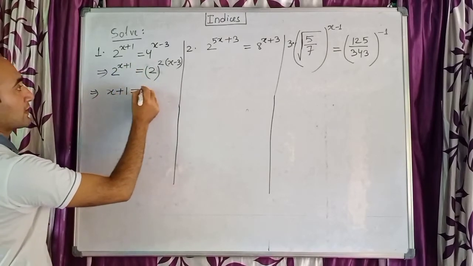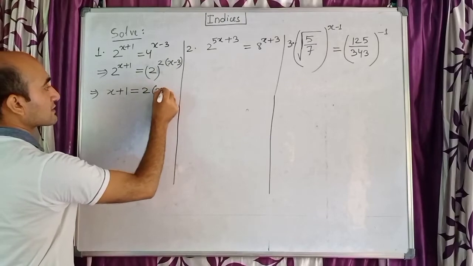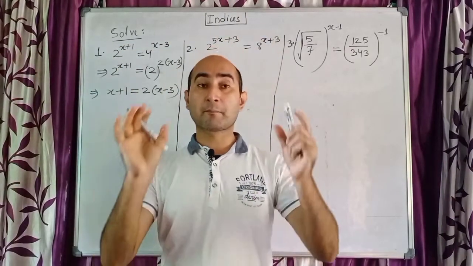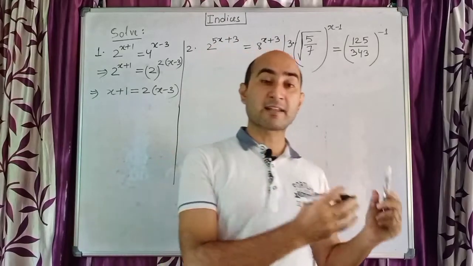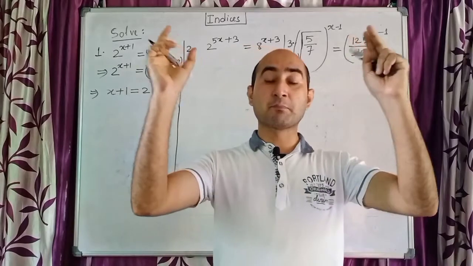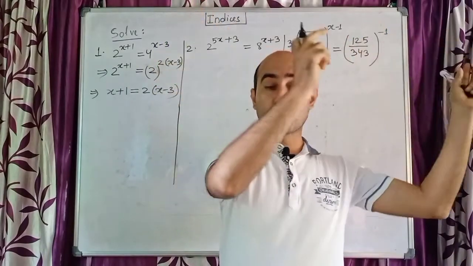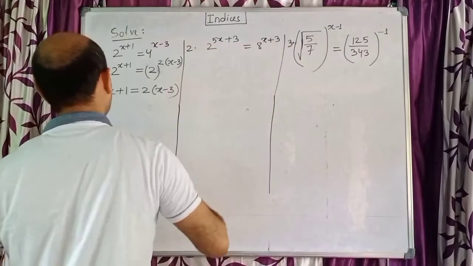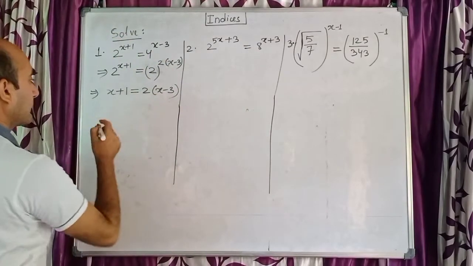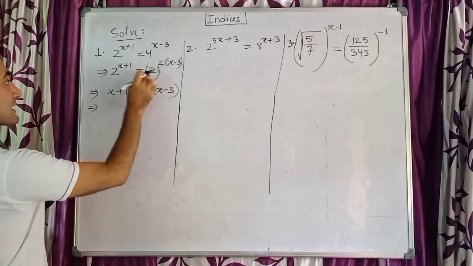That is x plus 1 equal to 2x minus 3. Children, I will repeat once again. When the base in the left hand side and right hand side become equal, then remove the base in the next step and write both the power at the top equal. Just the way I have done here. You can see, both the power I wrote equal because base are same.